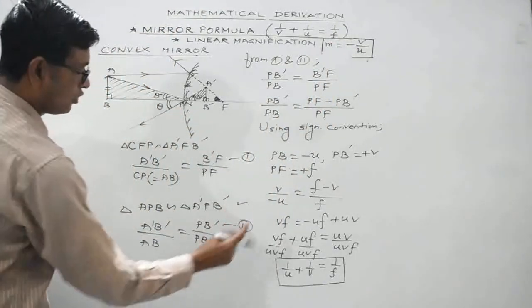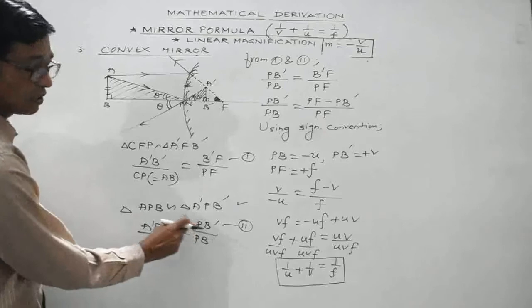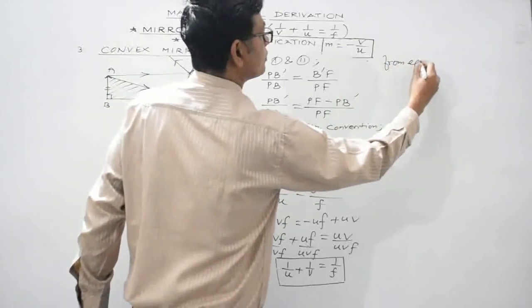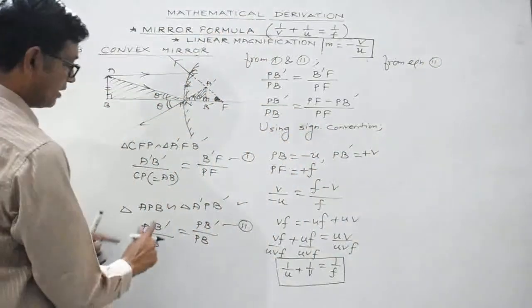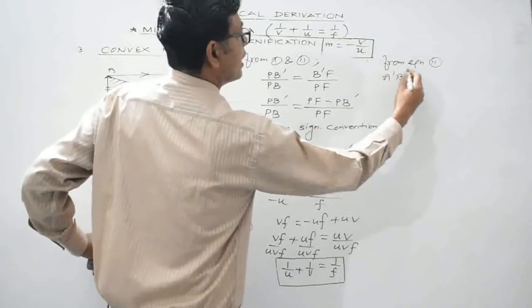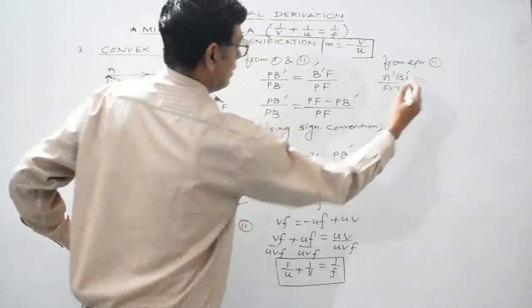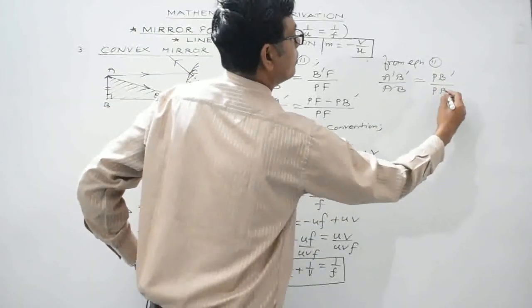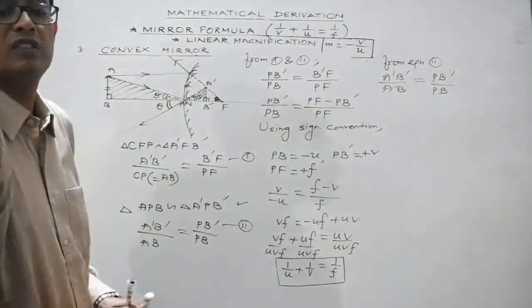Let's consider equation 2. Right? No need to change any term, that's why I'm considering equation 2. So from equation 2, what we get is A'B' divided by AB is equal to PB' divided by PB. You can directly make use of the sign convention over here.